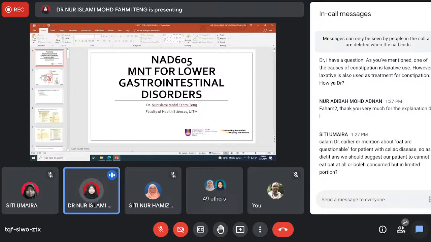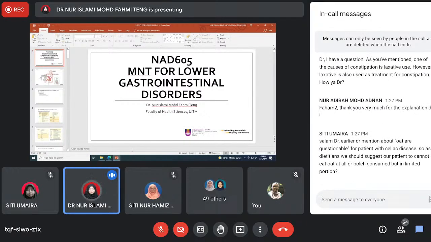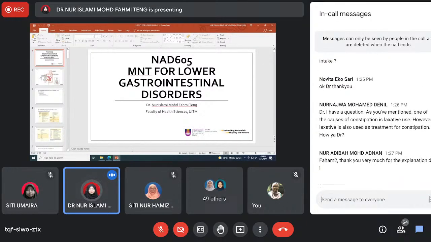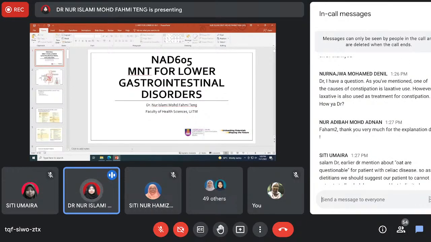One of the causes of constipation is laxative use. Laxative is also treatment for constipation. Okay, yang ini dia dua-dua boleh menyebabkan constipation and boleh menjadi treatment. However, laxative is also used as treatment of constipation. This depends on the patient.